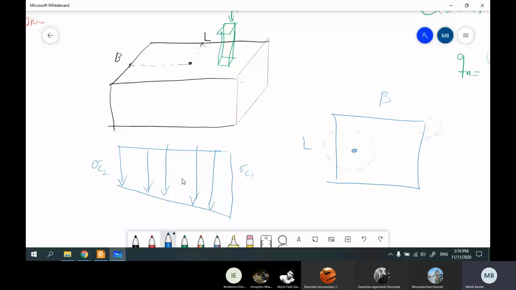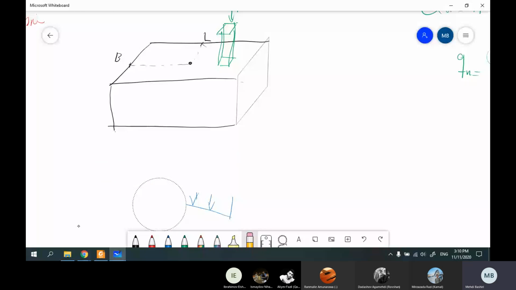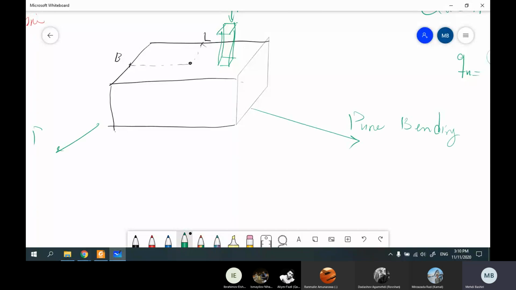But how can we get this one? As I said, to get this one, it's better to use some simplification. How? I'm going to split this case into two cases. The first one, pure bending. The other one, pure axial loading.